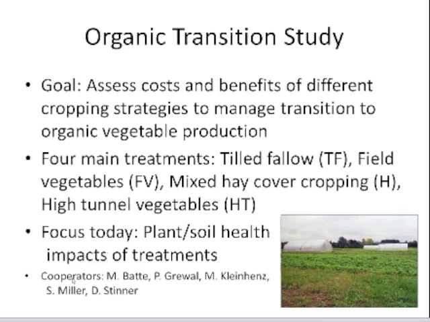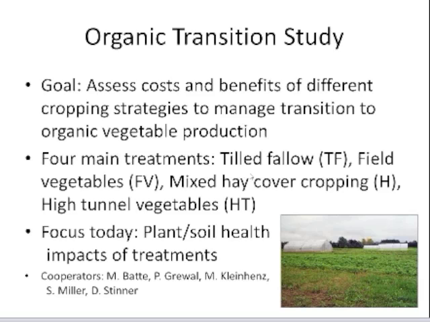So the first study that I would like to talk about was funded by the Organic Transitions program of the USDA. And the goal of that project was to assess the costs and benefits of different cropping strategies to manage transitional organic vegetable production. And here we have a picture of the on-station field site where we were looking at 4 treatments.